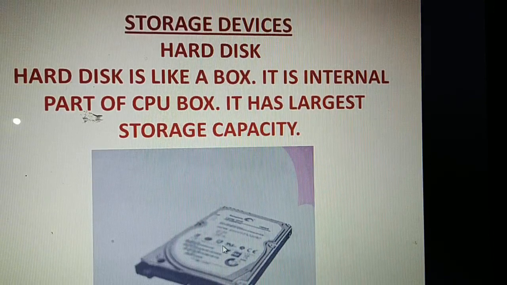Of all we have discussed, pen drive, CD, DVD, memory card and hard disk, the hard disk has the maximum capacity and can store a huge amount of data. In the computer, all software, all files and folders we store in the hard disk. So hard disk is a very important, very useful storage device of computer.